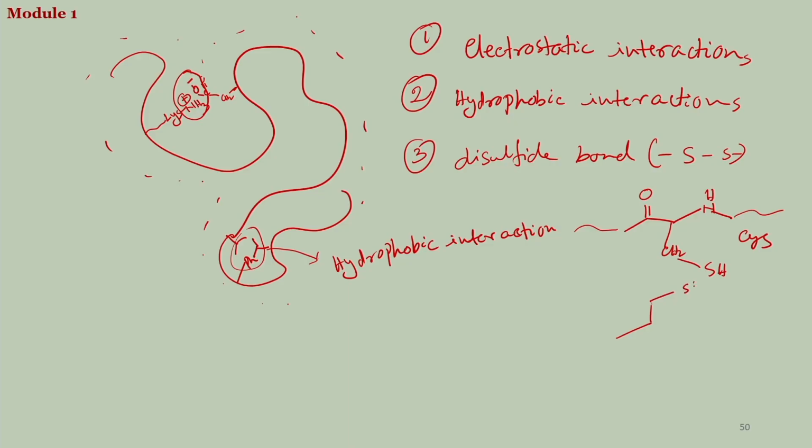So, CH2 and SH. So, these two, if you take a cysteine and keep it in air, it will immediately undergo oxidation.